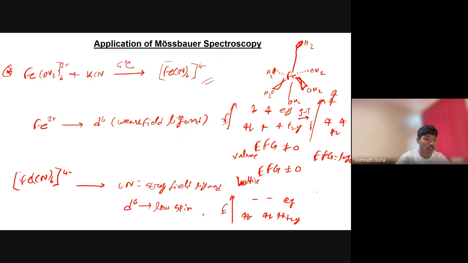And then the EFG valence is 0, and all the cyanide molecules are equally coordinated, equally distributed in the hexacoordinated complex around the iron, in the CN direction.